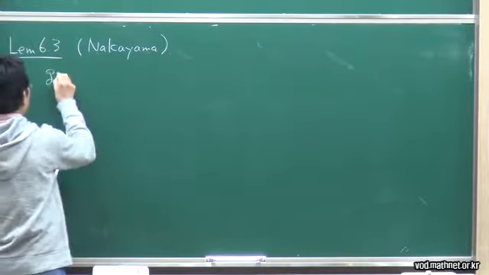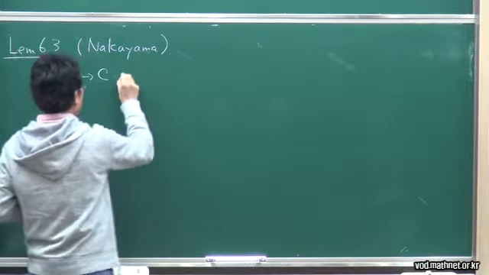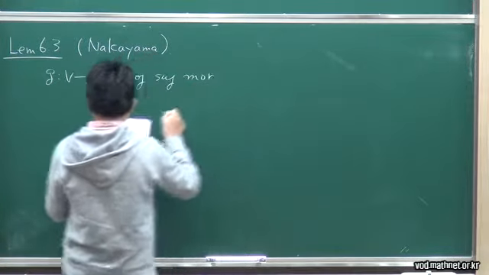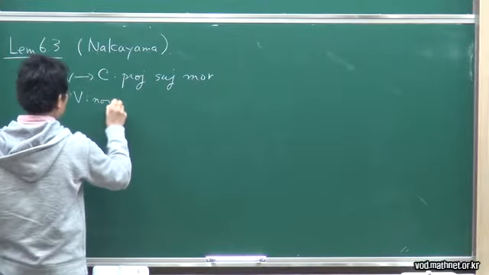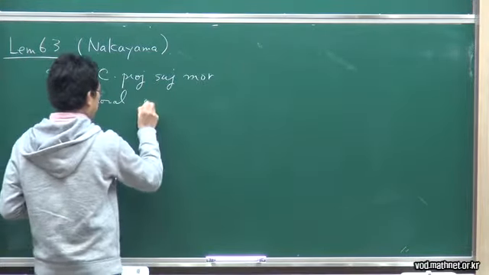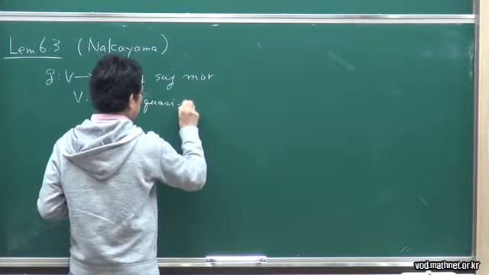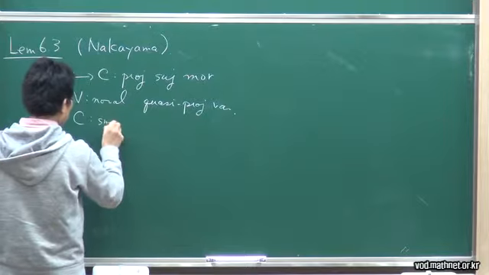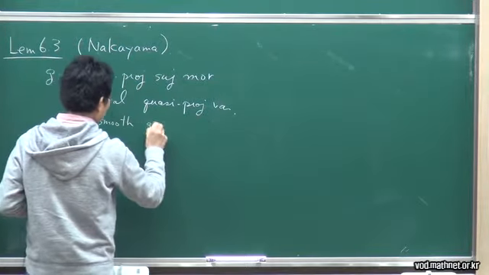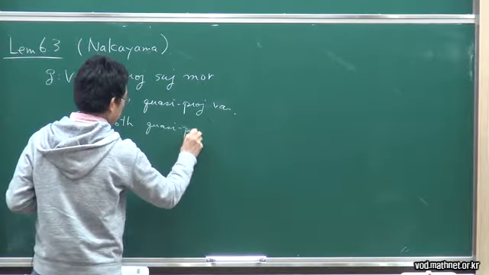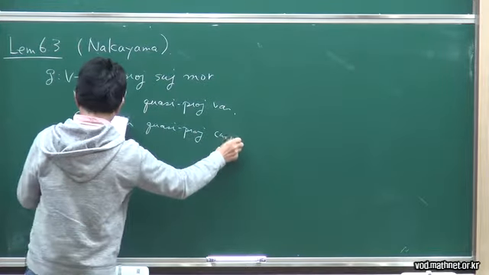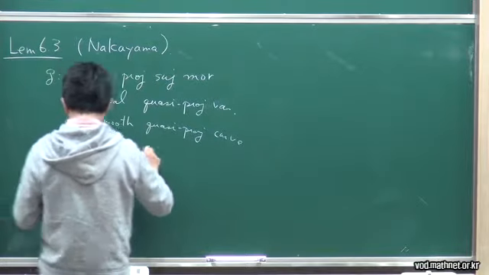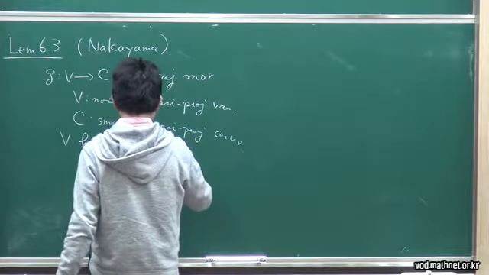Let g: V to C be a projective surjective morphism, and V is a normal, for simplicity, complex projective variety, and C is a smooth projective curve, and V has only canonical singularities.